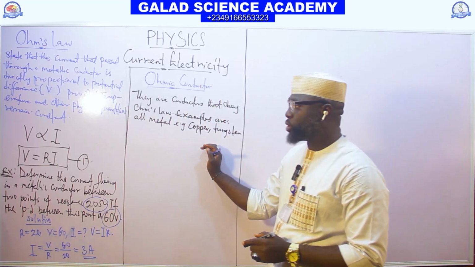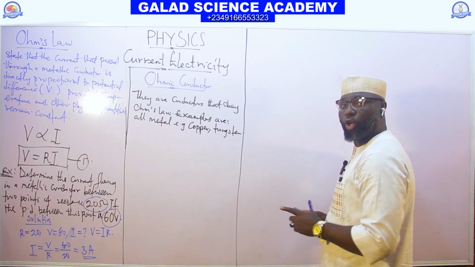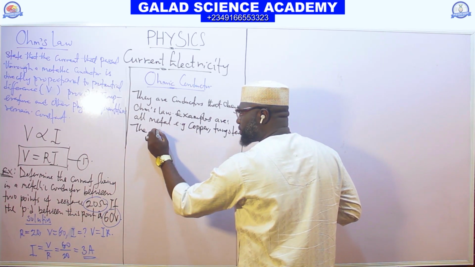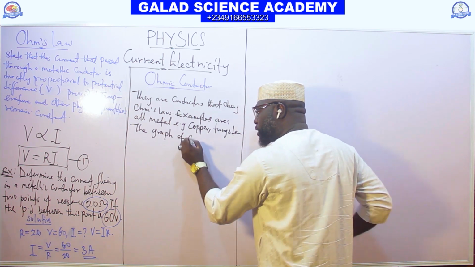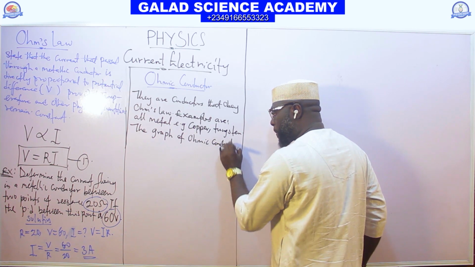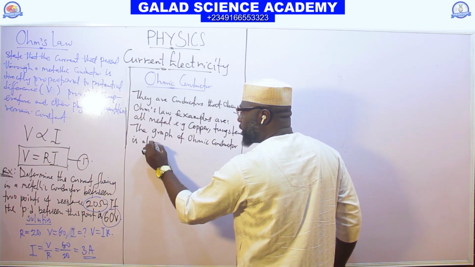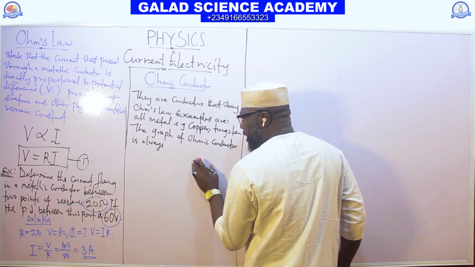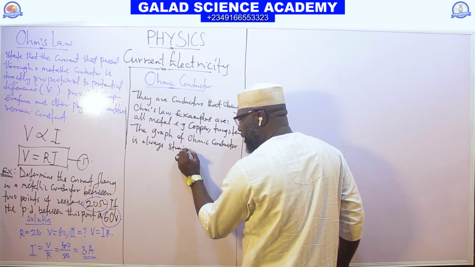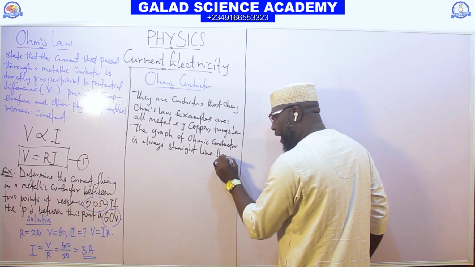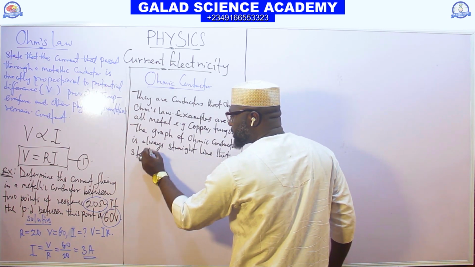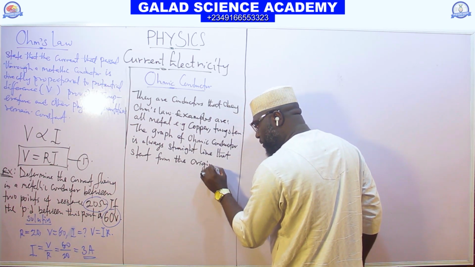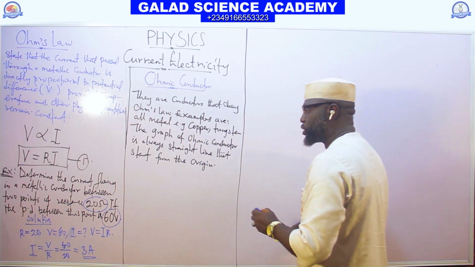All metals are ohmic conductors, and the graph of an ohmic conductor is always a straight line that starts from the origin. Let us look at the graph of an ohmic conductor.